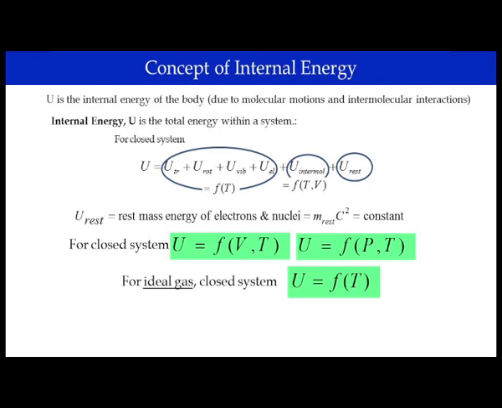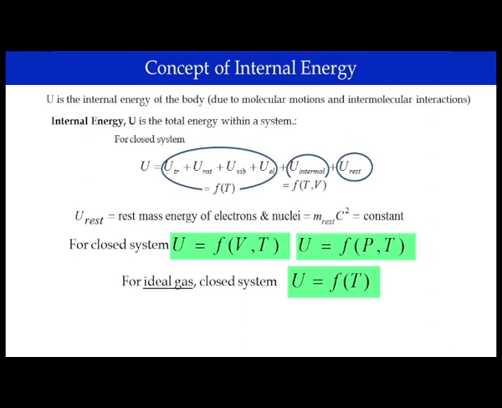And U rest, we described, is the rest mass energy of the electrons and nuclei, which is given by m rest c square. c is the velocity of light, which is a constant term, and we cannot get this experimentally measured. So, as we discussed in the last lecture as well, the absolute value of U cannot be measured. We can only measure the change in internal energy experimentally.